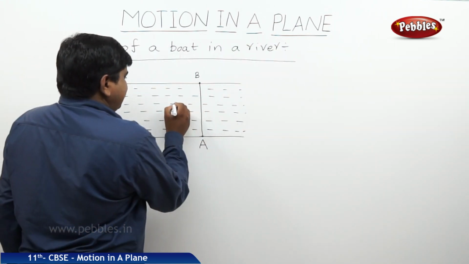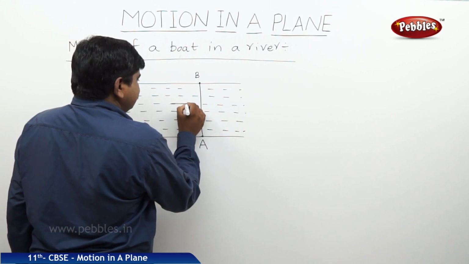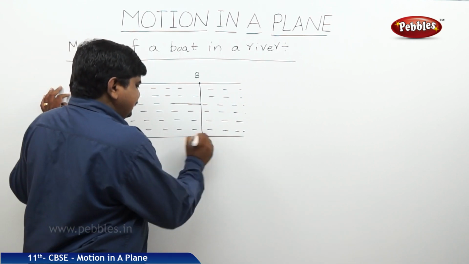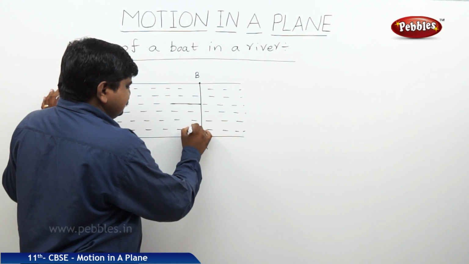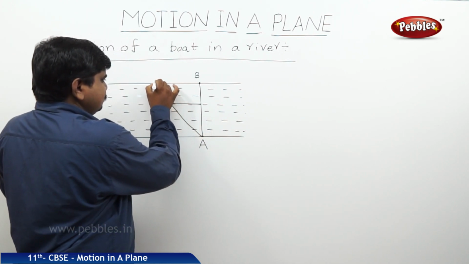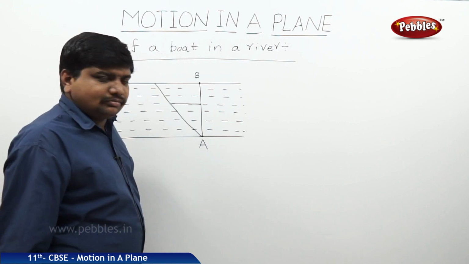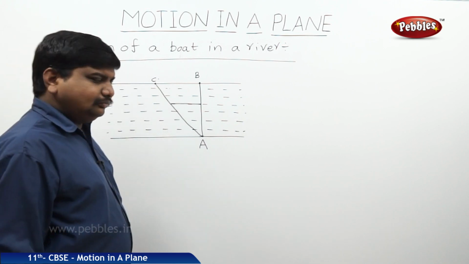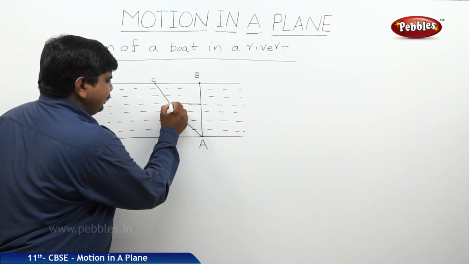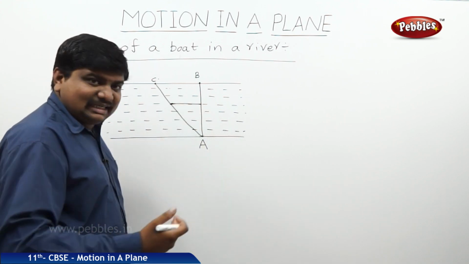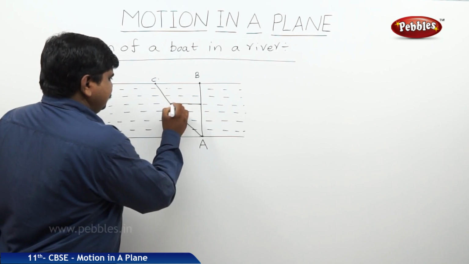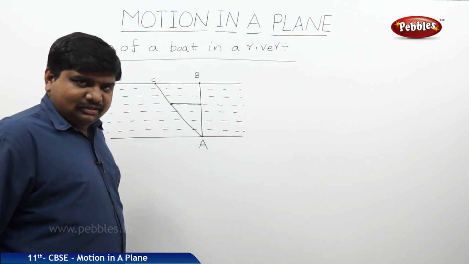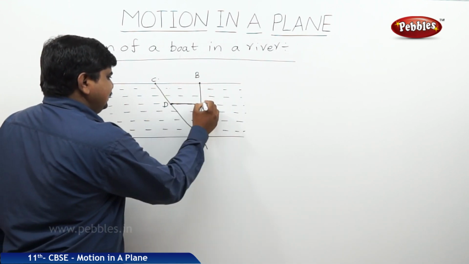So this line indicates velocity of water. He has started the boat at A and has traveled like this. This is some point C. This is the line we are representing as velocity of water. It is an imaginary line which indicates the direction of velocity of water, represented by DE.